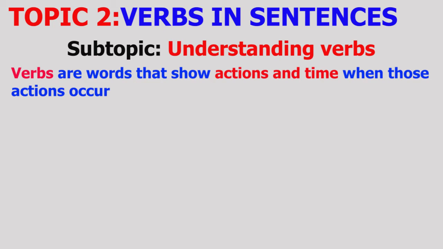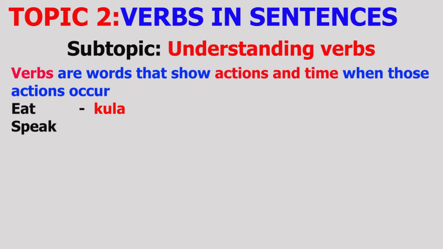If you are talking of actions that are normally done by subjects, as we have discussed, I, you, we, they, he, she, it, or nouns in particular, those are called verbs because they are actions that are done by the subject. For example, if you say eat, which in Swahili is kula, that is an action of eating.